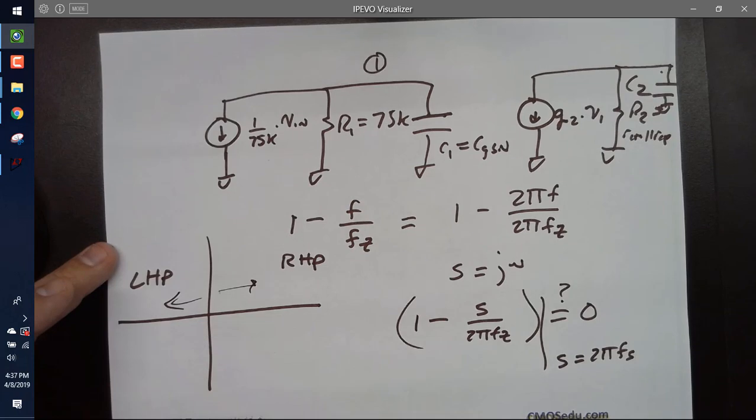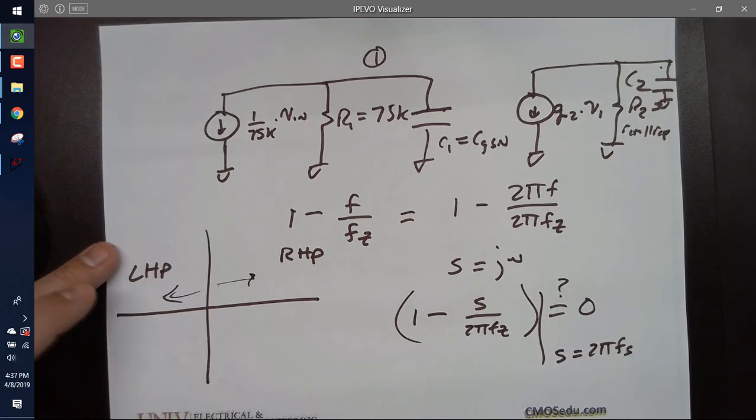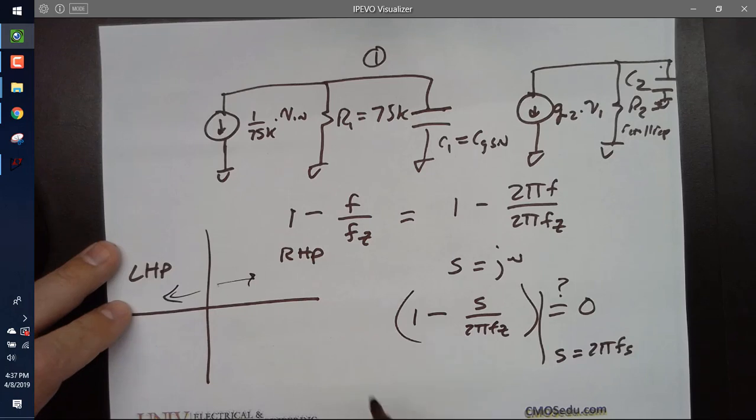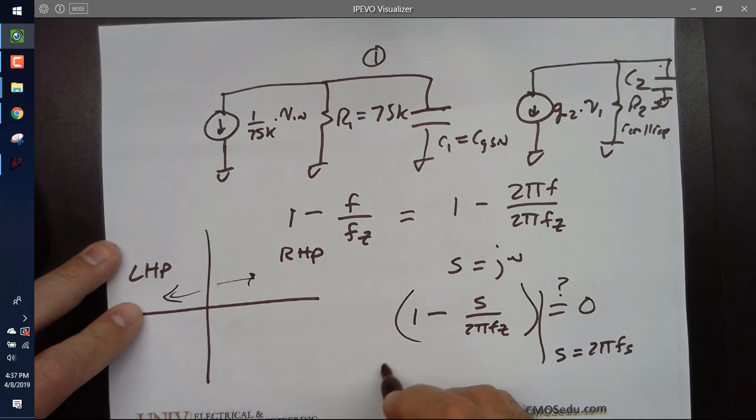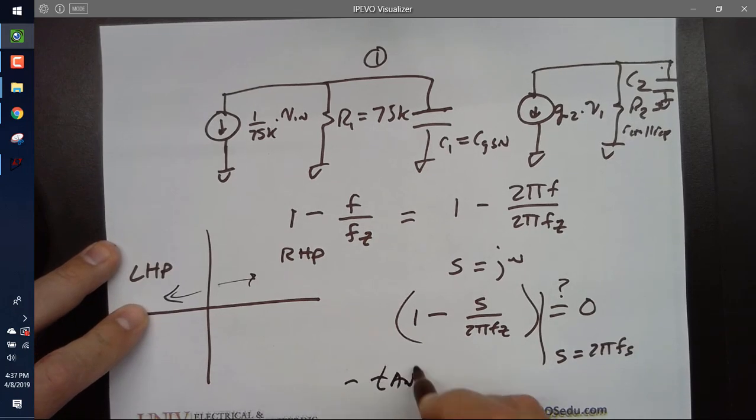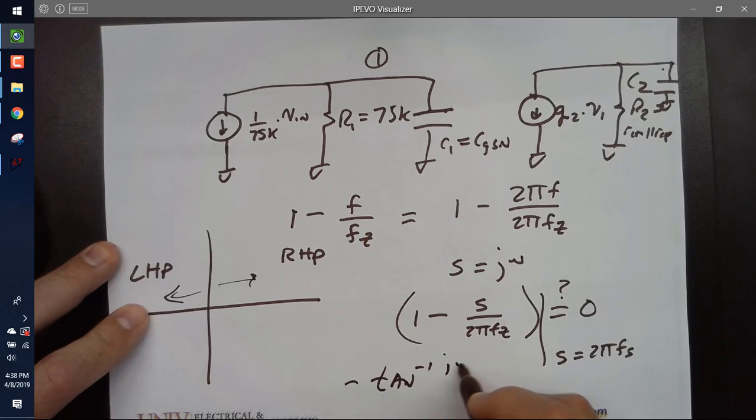Everybody follow that? And why is that important? It doesn't influence the magnitude response, right? But for the phase shift, this numerator transfer function is minus tan inverse of omega f over 2 pi fz. Whereas a normal zero, what is it?